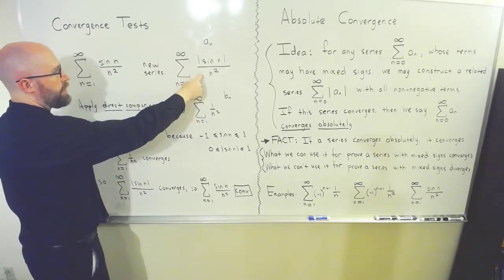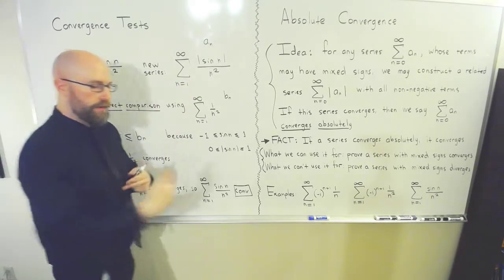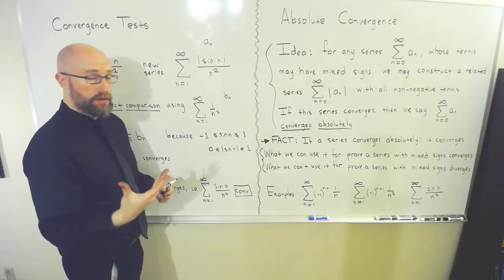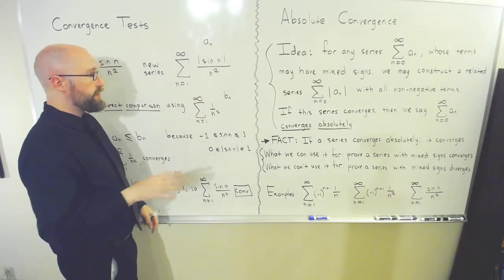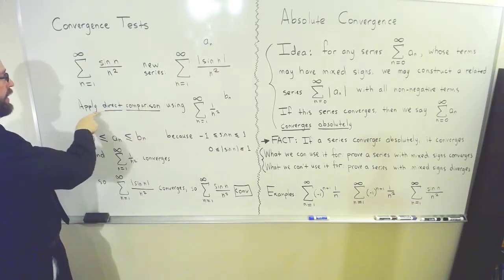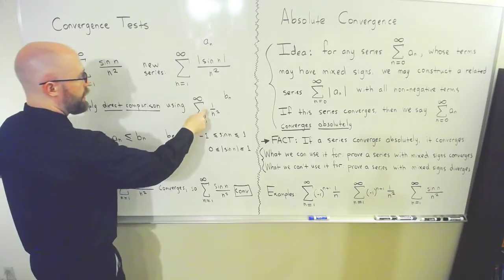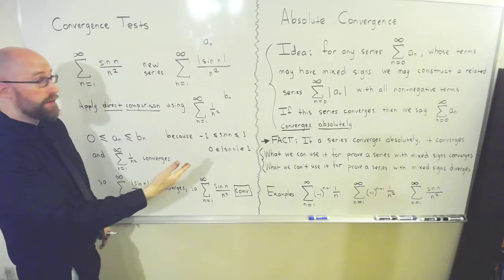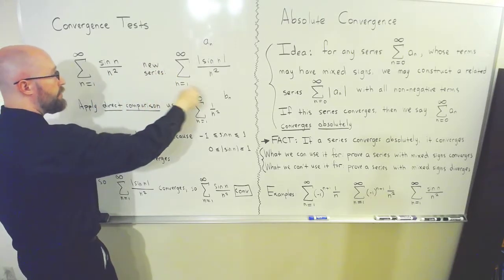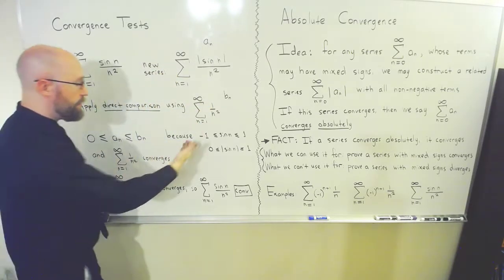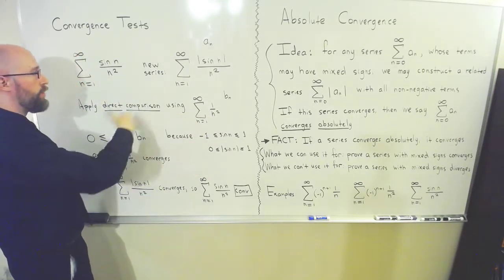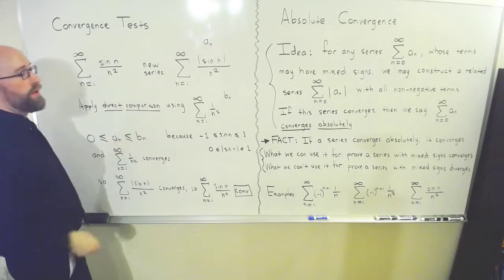We make another series which is better behaved in terms of what the signs are doing, but it's bigger. Well, it turns out, fortunately, that it's not too much bigger. It will still converge. And the way we can tell it converges is by comparing it to something that's even bigger than that. We started with this, made it a little bigger, and the thing we made a little bigger still converges. And so then we can work back to the conclusion that this original one converged.